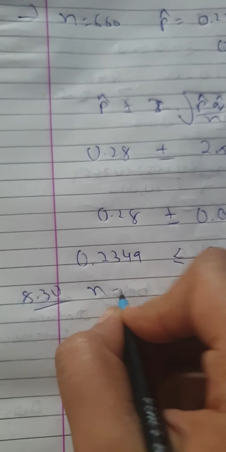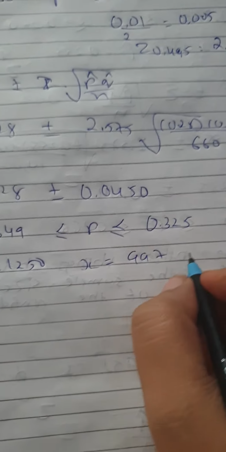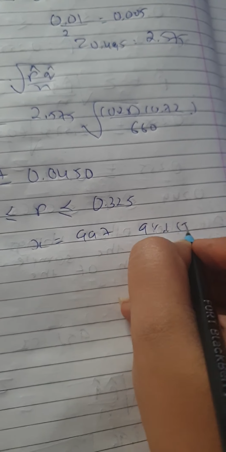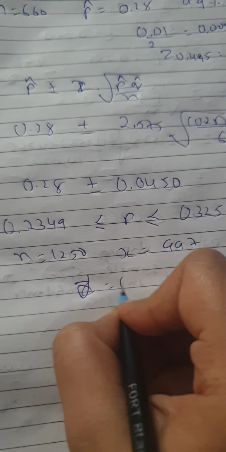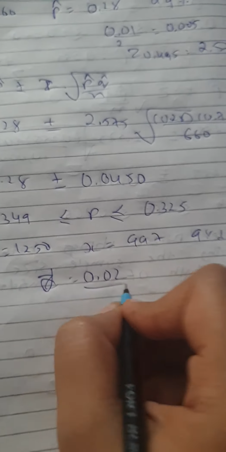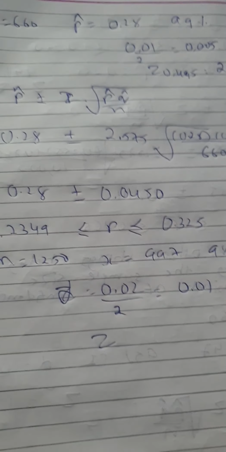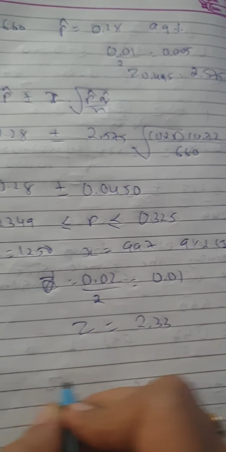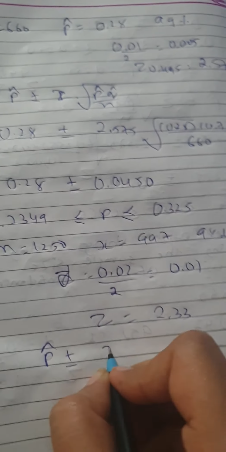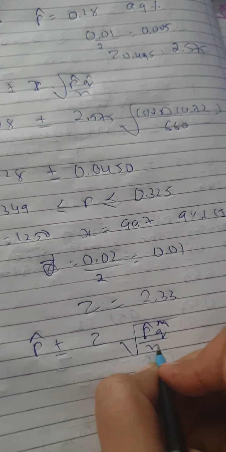So your n is 1250, x is 997, 98% is your confidence interval, so your alpha will be 0.02, divided by 2 it is 0.01, then deduct from 0.5, so the z value will be 2.33. p cap plus or minus z under root p cap q cap upon n.